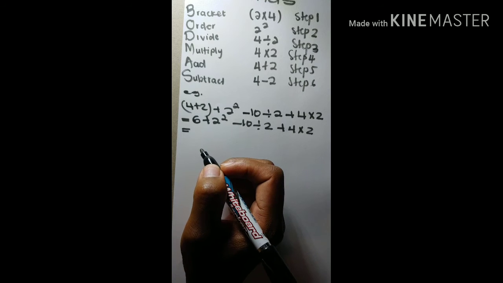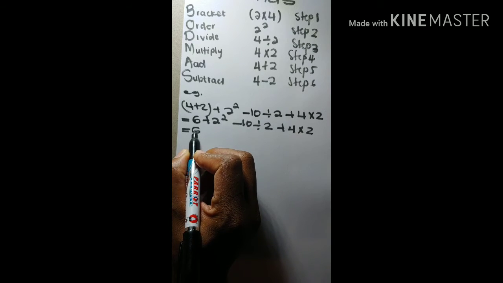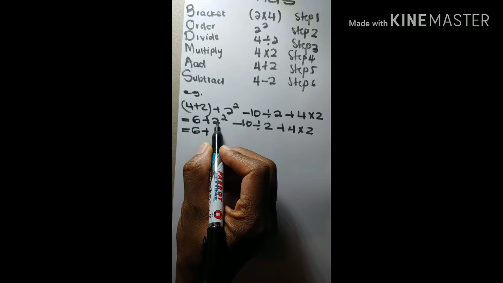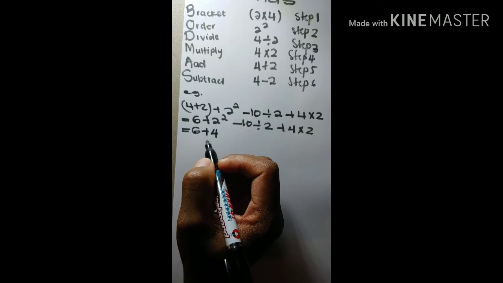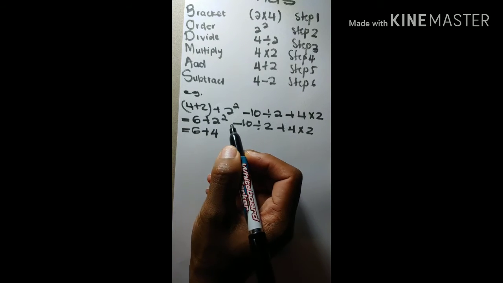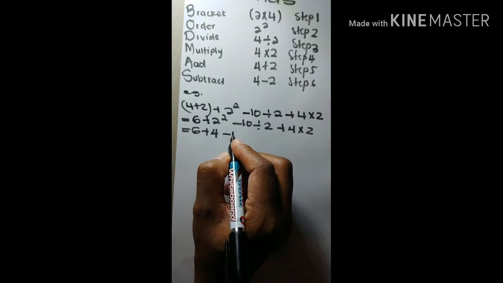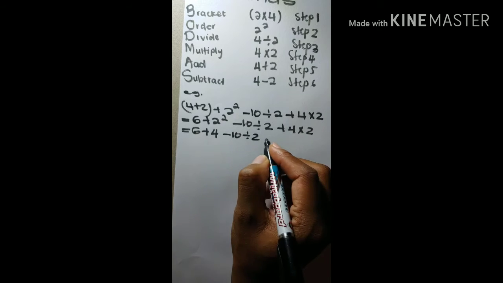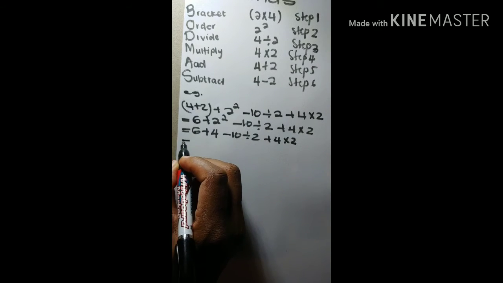Second step, we are required to resolve anything that is raised to a power. So our 6 remains the same, and our 2 raised to 2, we can simplify it to be 4. This is the same as saying 2 multiplied by 2. Right, and then our minus 10 divided by 2 plus 4 multiplied by 2 remains the same.